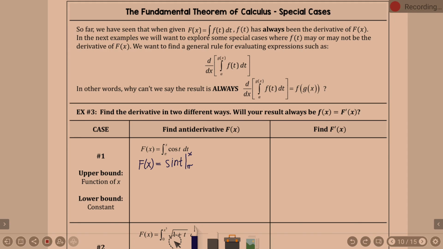Okay, this is what we learned yesterday. Sine of x minus sine of pi, upper limit minus lower limit. And what is the sine of pi? 0. So here we get f of x is equal to sine of x. Okay?